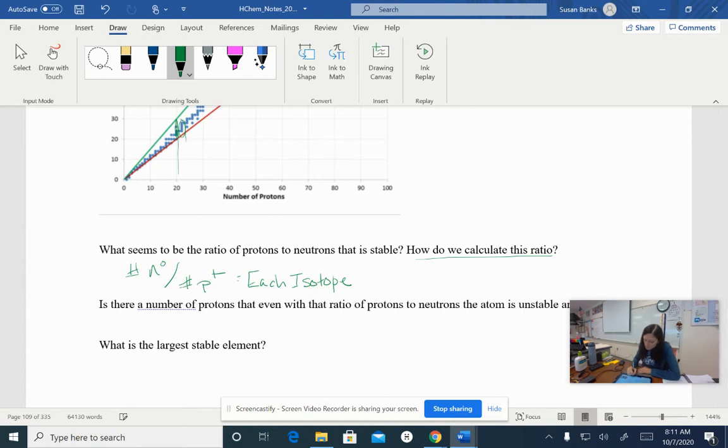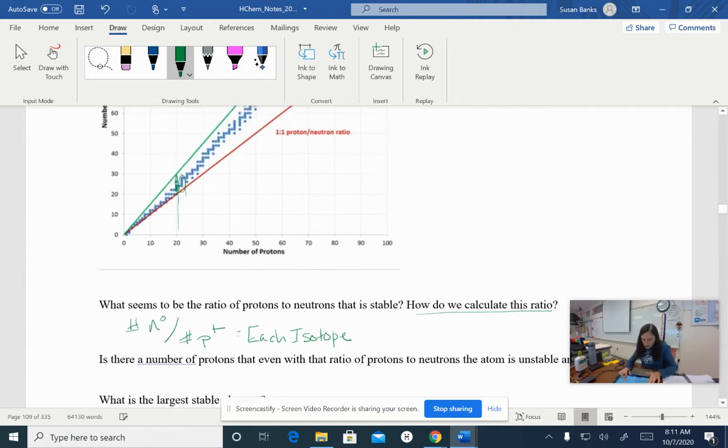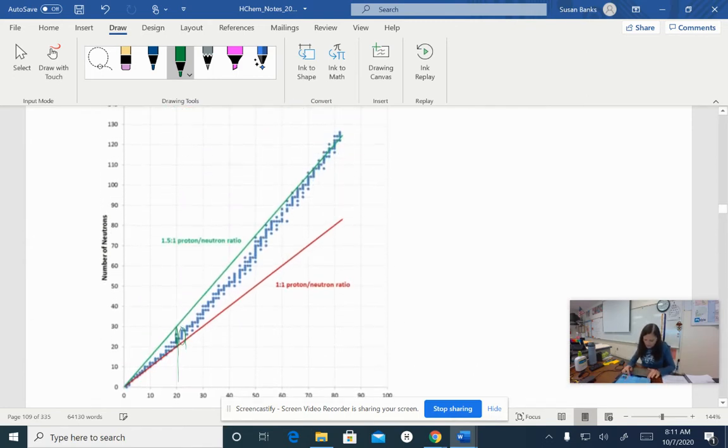Okay? So we notice that all of the elements that are stable seem to fit somewhere in between the 1 to 1.5 ratio. We notice that as we have smaller elements, it's closer to the 1-to-1 ratio. And as we get to larger elements, it's closer to the 1.5 ratio.